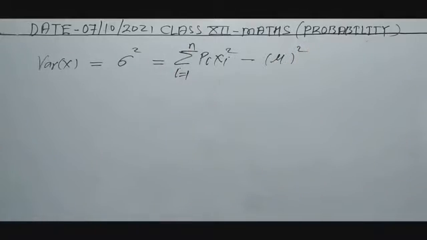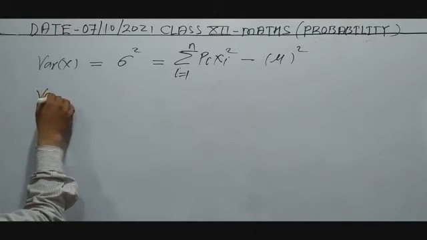This is the mean, x bar, and its result you know is 3 by 2. So pi xi means 0, 1, 2, 3 is given, and the probability is also given.